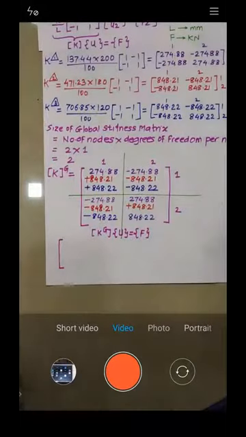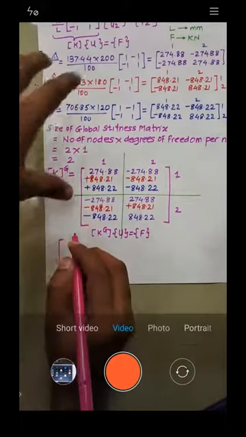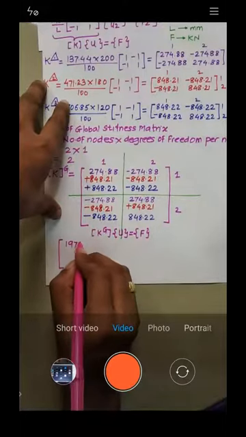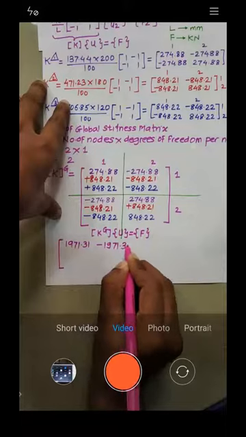Okay, so this term is going to this term. If you see this addition, it will come as 1971.31. This is minus 1971.31.